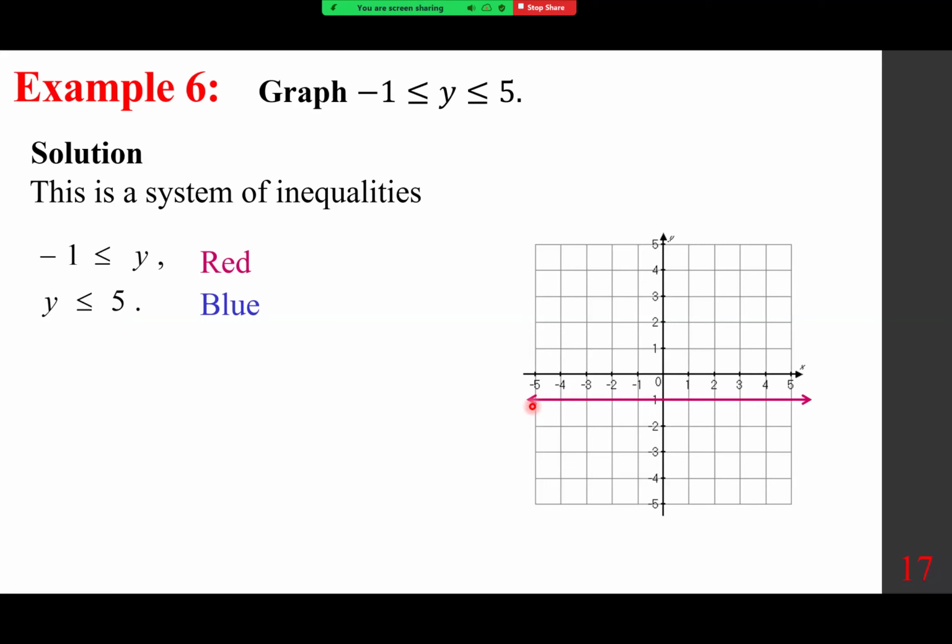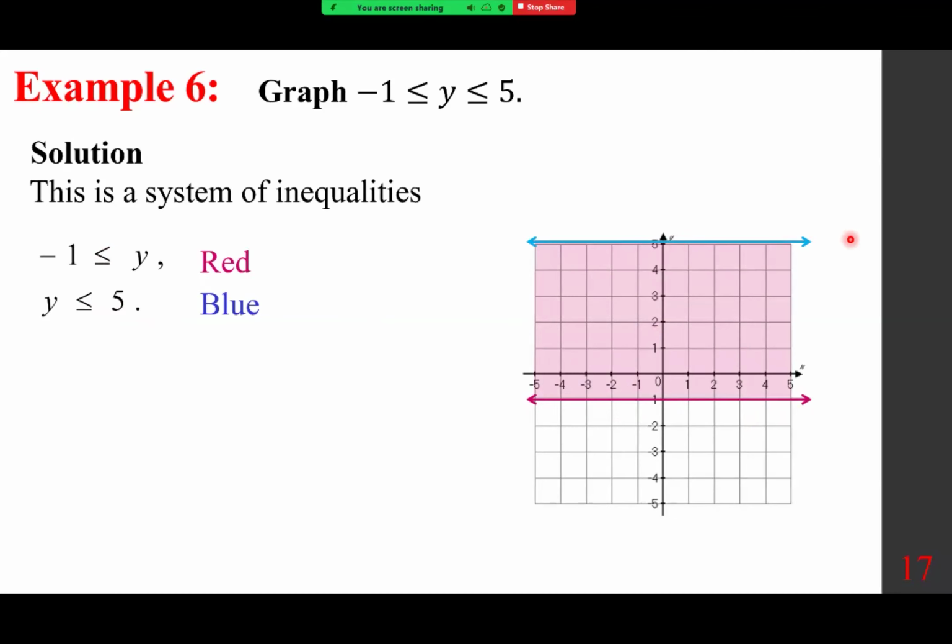So this is y equals -1, and of course, we have the equality, so it is a solid line, and y is larger than that, so the region above that. On the other hand, y less than or equal to 5, and the answer to that is anything below that.